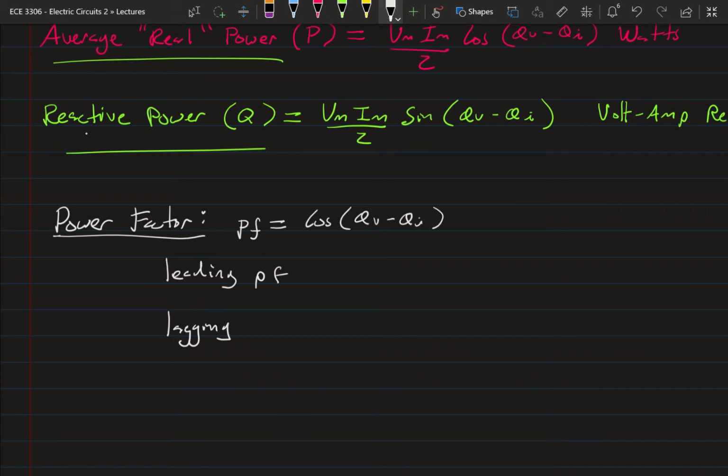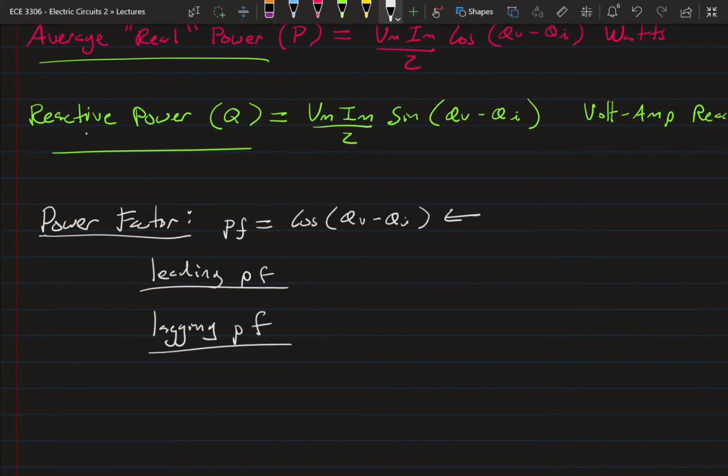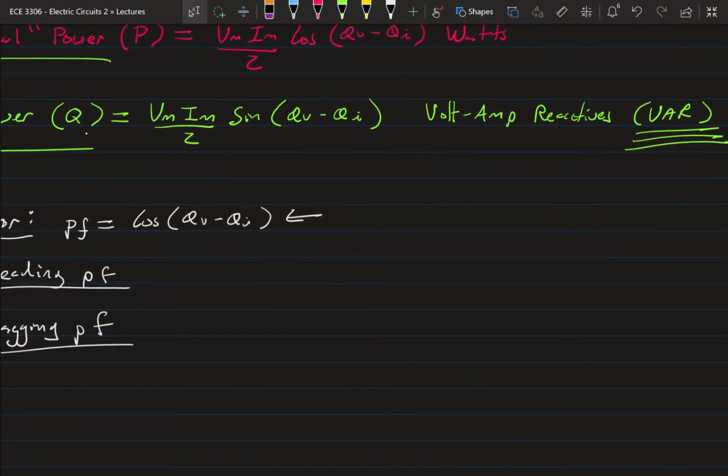We'll talk about what those mean in an upcoming lecture. But that's how we calculate power factor: just the cosine of theta v minus theta I. There's also a reactive factor, which is equal to, you guessed it, the sine of theta v minus theta I. But it's much less commonly used than power factor. It does exist, though.